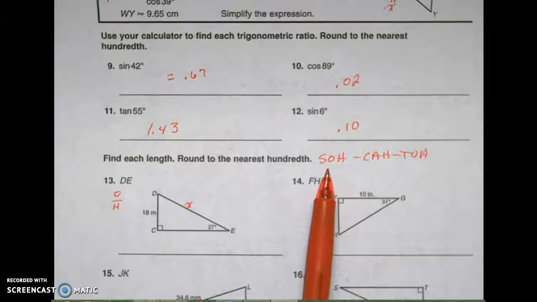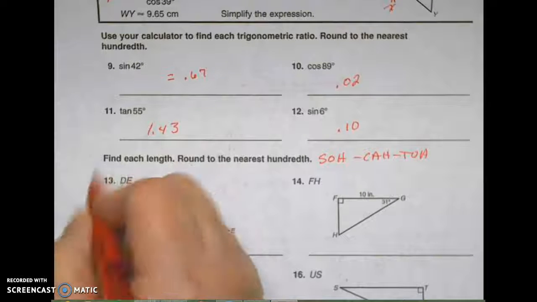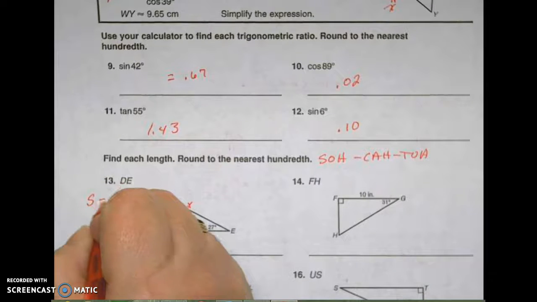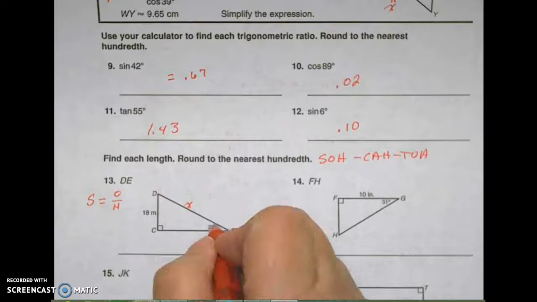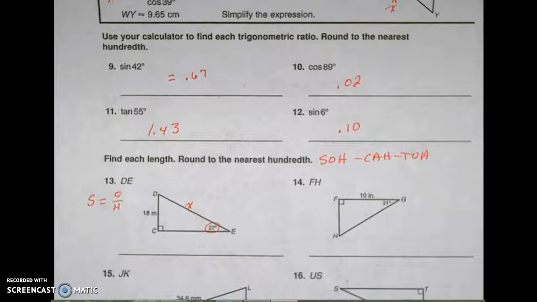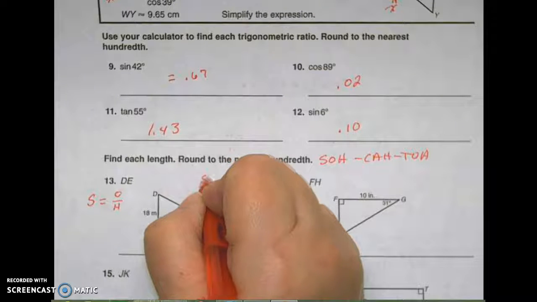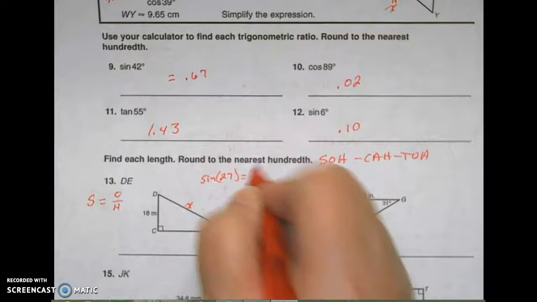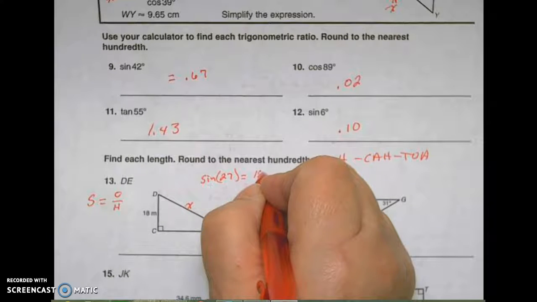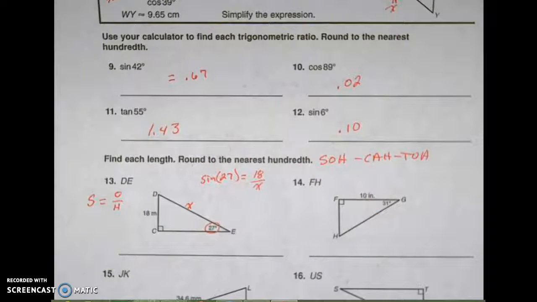So I know that I'm going to set up my sine equal to my opposite over hypotenuse. Here's my 27 degrees. So my equation that I write is the sine of 27 degrees equals 18 over x.